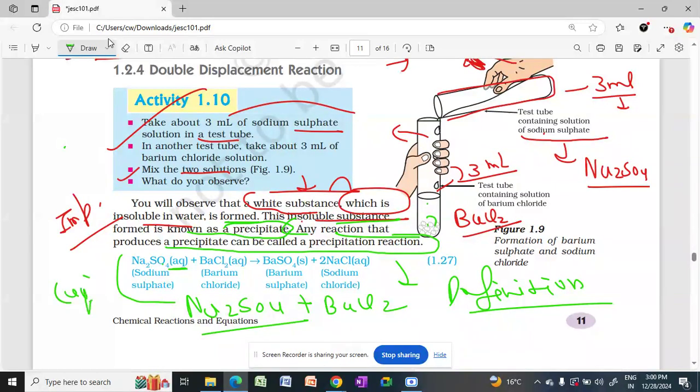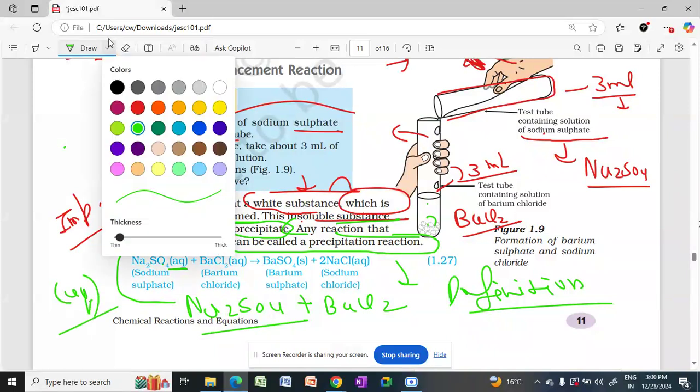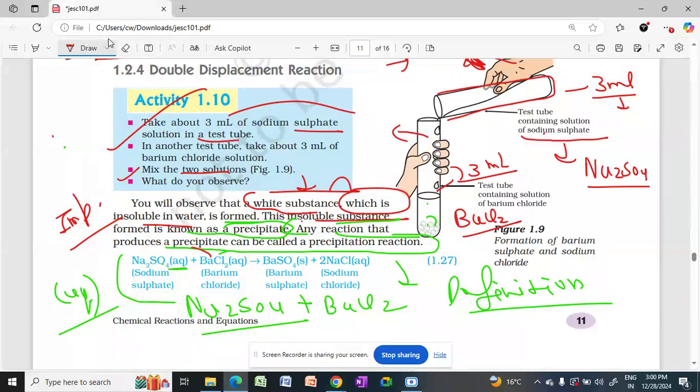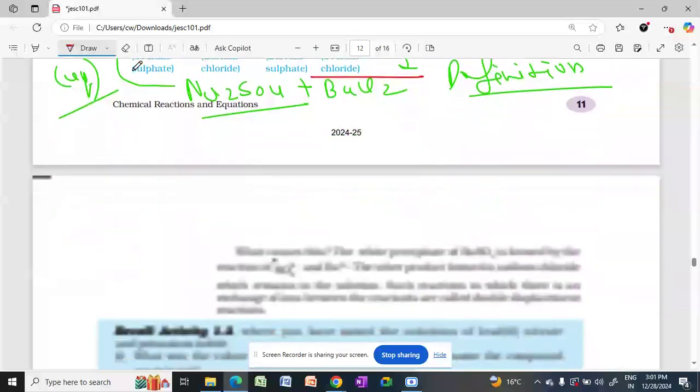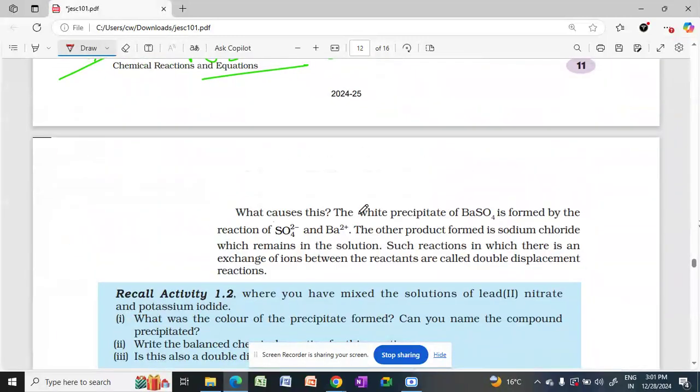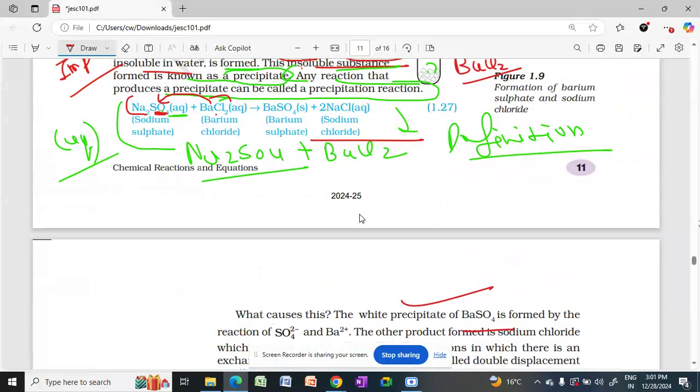Here, what will happen? This SO4 will combine with Ba, and the other product is NaCl. So a white precipitate of BaSO4 is formed. Put an arrow and write that white precipitate is formed.